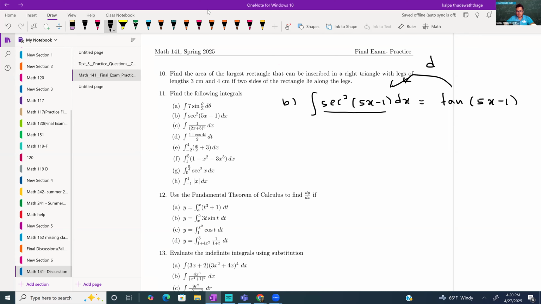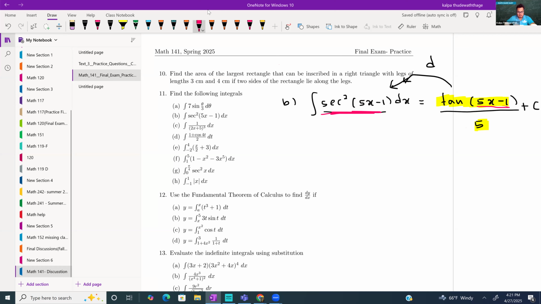But remember, if you take the derivative, you have to multiply by 5. So when you take the integration, you divide by 5. If you take the derivative of the right hand side, it's secant square 5x minus 1 times 5. So that multiplication should cancel with the denominator to get this one back. So you always divide by the derivative of the inside function when you do integration.